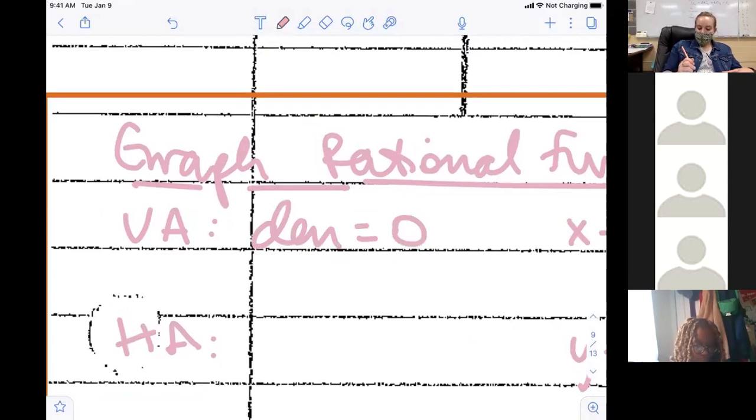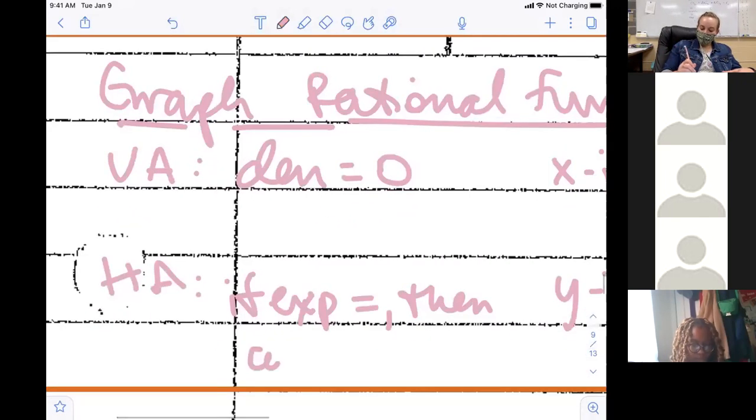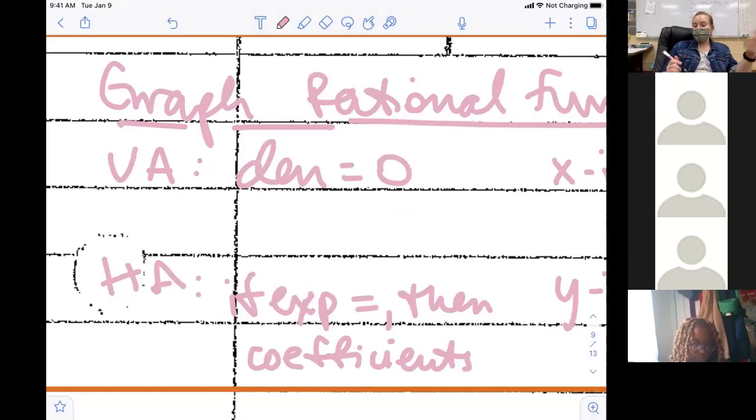Horizontal asymptote, you need to look at the exponents, and if the exponents are the same, if they're equal, then it's a fraction of the coefficients. So look to see if the exponents are equal to each other, then we look at the coefficients. In all 3 of these examples, this is the case. There are other special cases, but we're not going to go into that today and probably not on your homework.